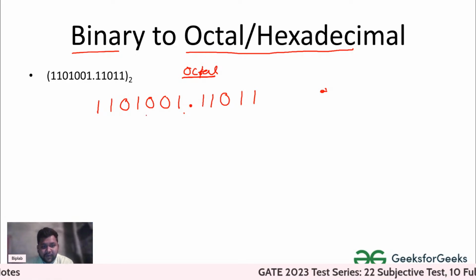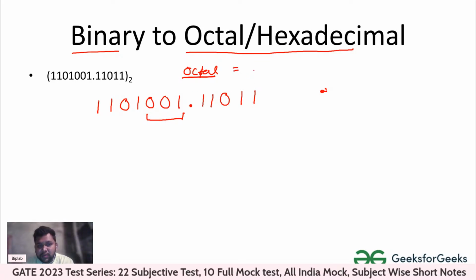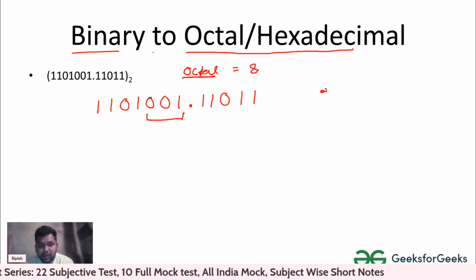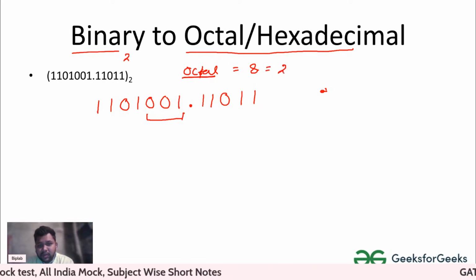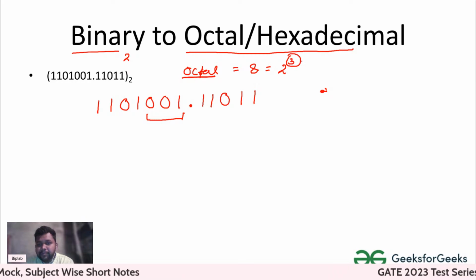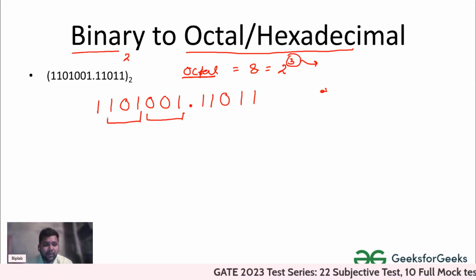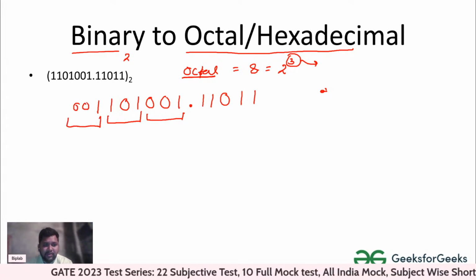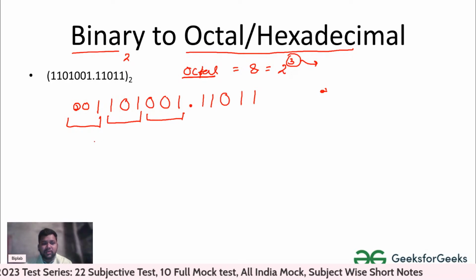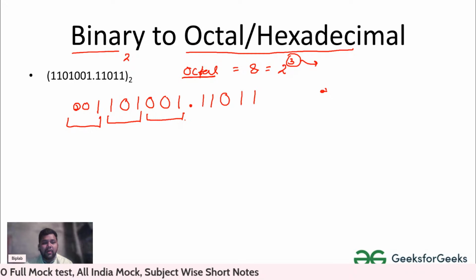First, starting from the point, we will group it in 3 digits. Why 3 digits? Because octal has base 8 and binary has base 2, and octal base 8 equals 2 cubed. That's why we group by 3. If there are not 3 digits, just append 0, because that keeps the value intact.